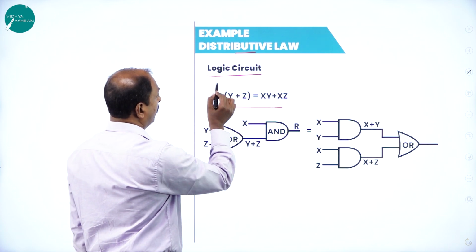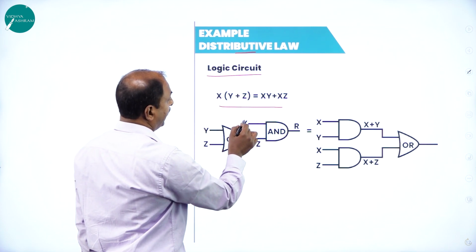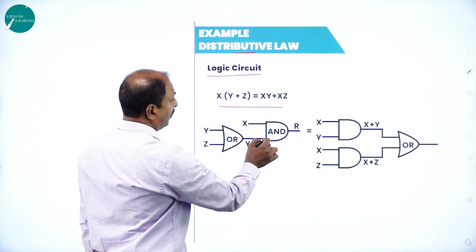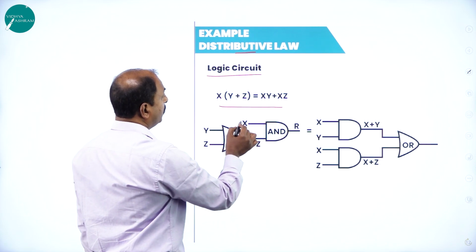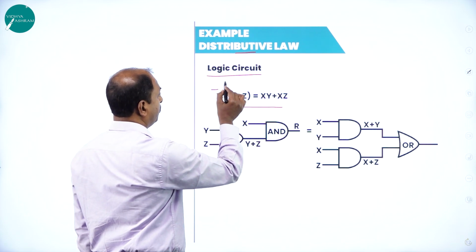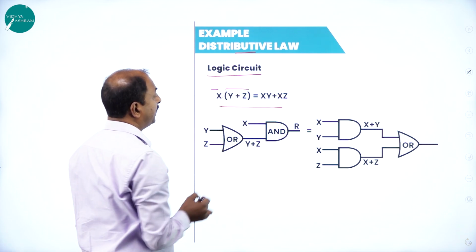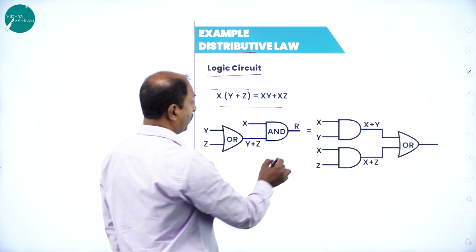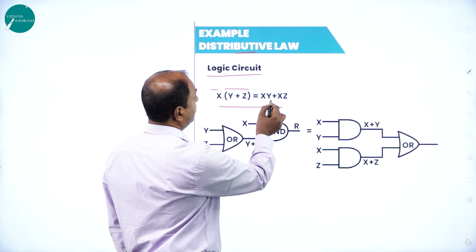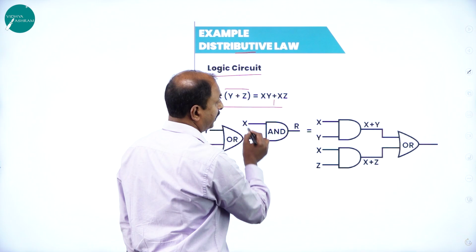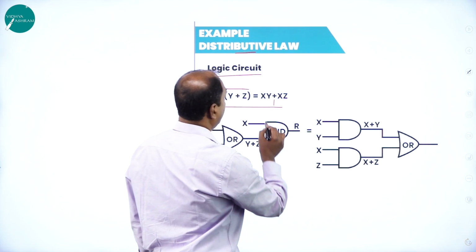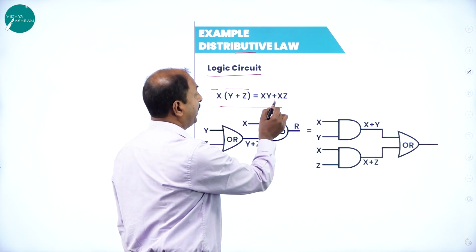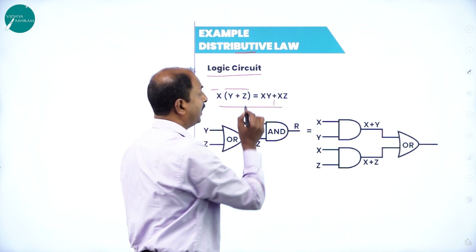So this is the AND operator. Here x is one input, and y plus z is another input for this AND operator, and the output equals x into y. Here we have the OR operator, and in between we have xy, which stands for x and y.